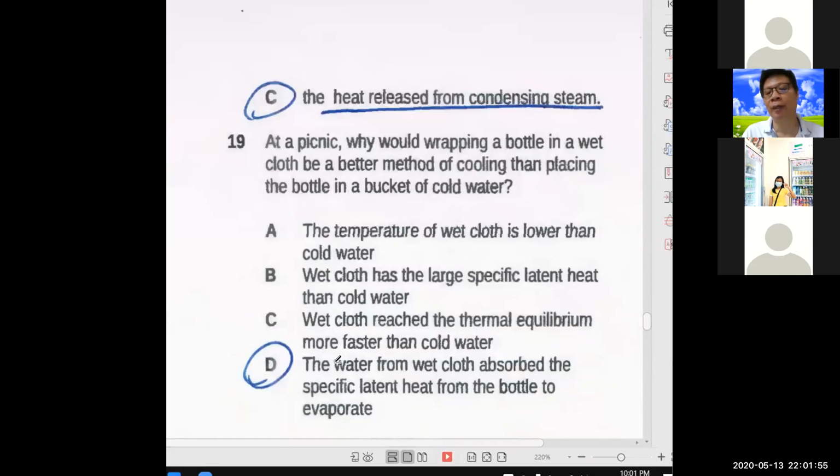The reason is water from the wet cloth absorbs the specific latent heat from the bottle to evaporate. Because the water will evaporate, it needs to absorb latent heat from the bottle, so that the bottle stays cool, okay?